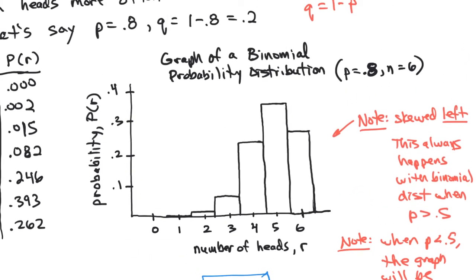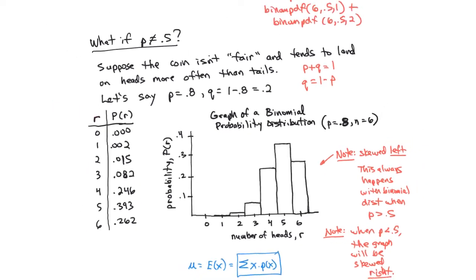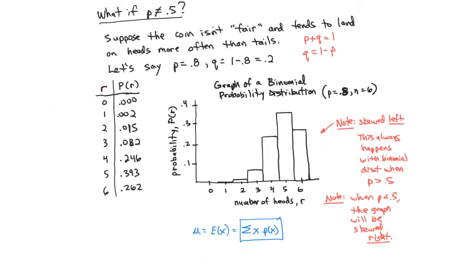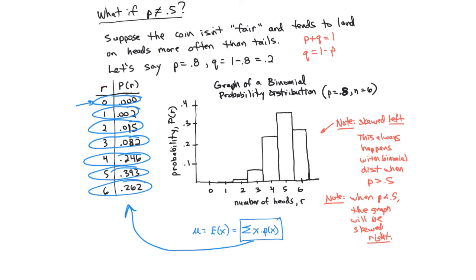You go back to the table and use this formula. We're using x here instead of r, but it's the same thing. So we would go 0 times 0.000 plus 1 times 0.002 plus 2 times 0.005 plus 3 times 0.082, and we go all the way down the line. If we did that, we would get 4.8.